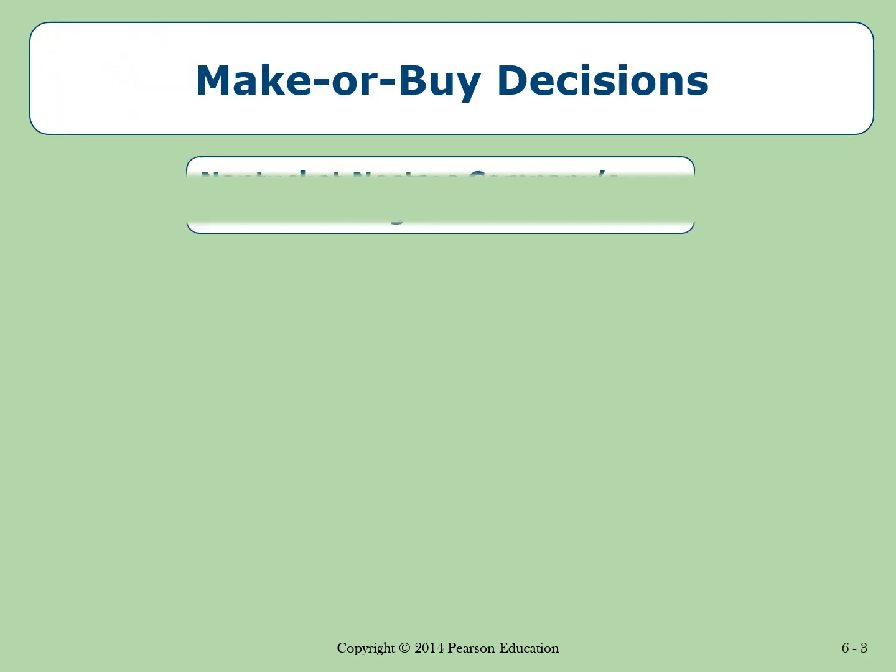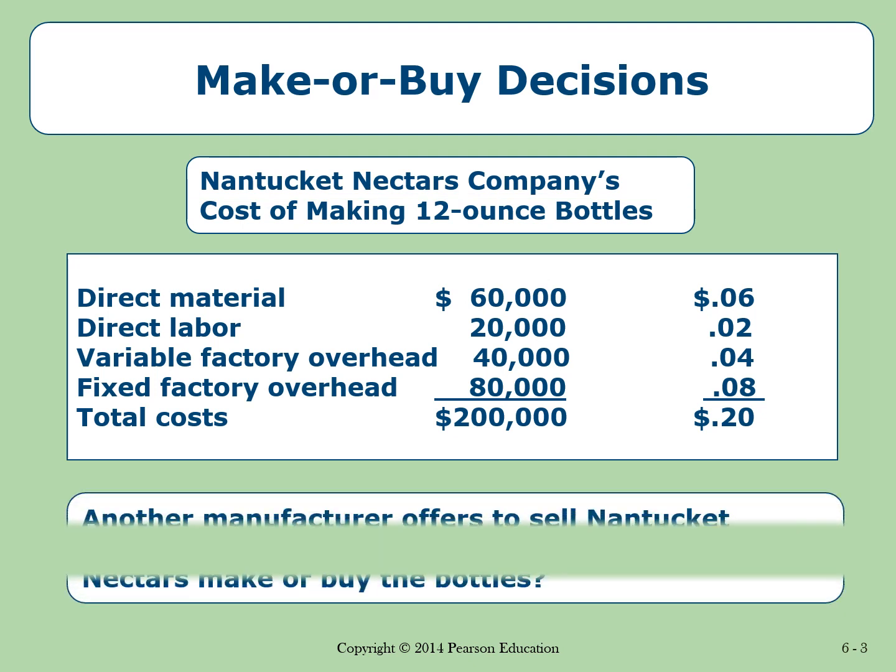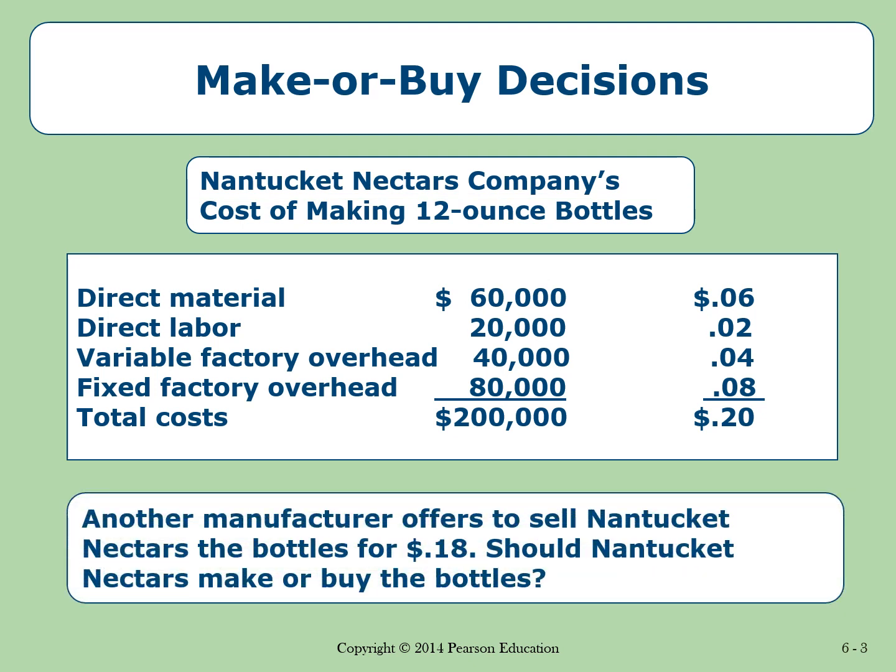To apply this decision, you can go through the given information about direct material, direct labor, variable factory overhead and fixed factory overhead. And then we are provided with the total cost. Of course, when we speak about this type of information, we must expect what items should be included in our decision model.